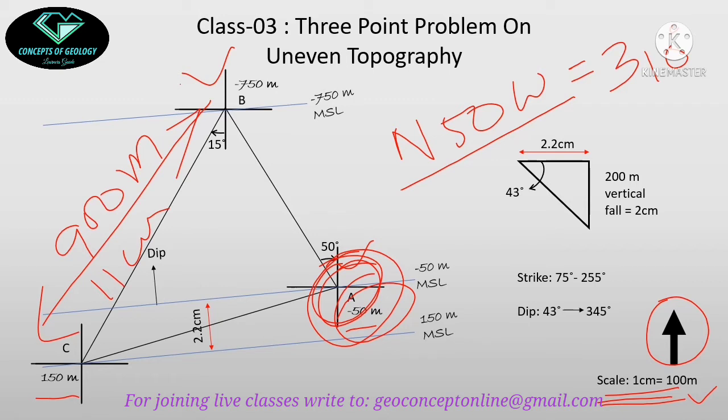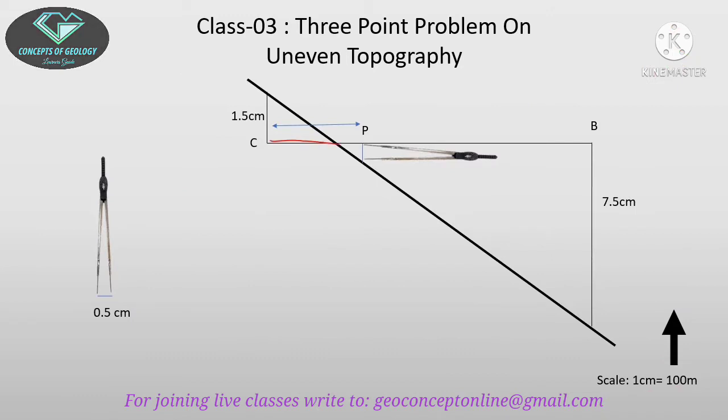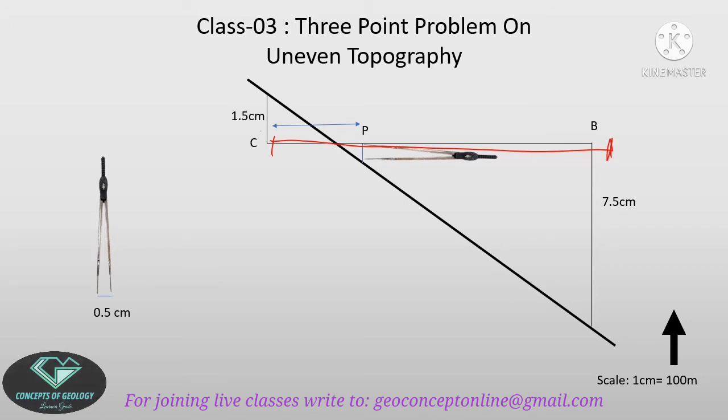So I will not go into the arithmetic process, rather I will go into the trigonometric one. Let's see how to find out the projection of point A on this CB line by the trigonometric method. First I will draw the CB length here. Suppose this is the CB length, this point is C and this point is B. I will try to find out the appearance of the ore body in this CB section.